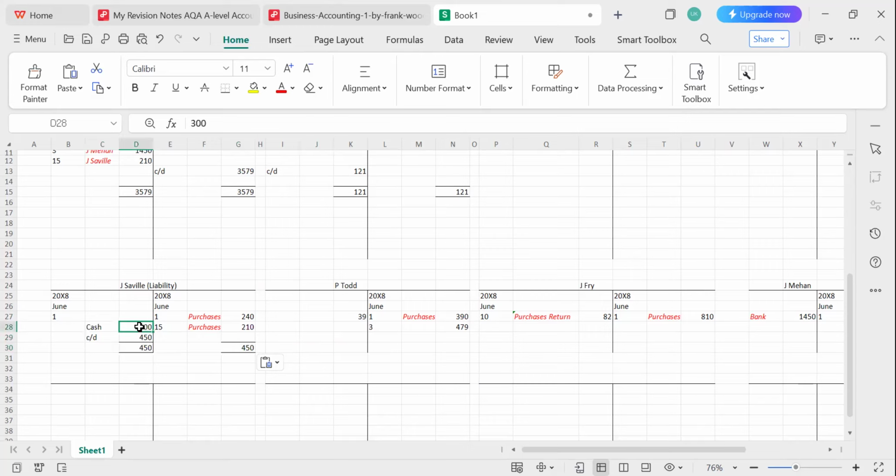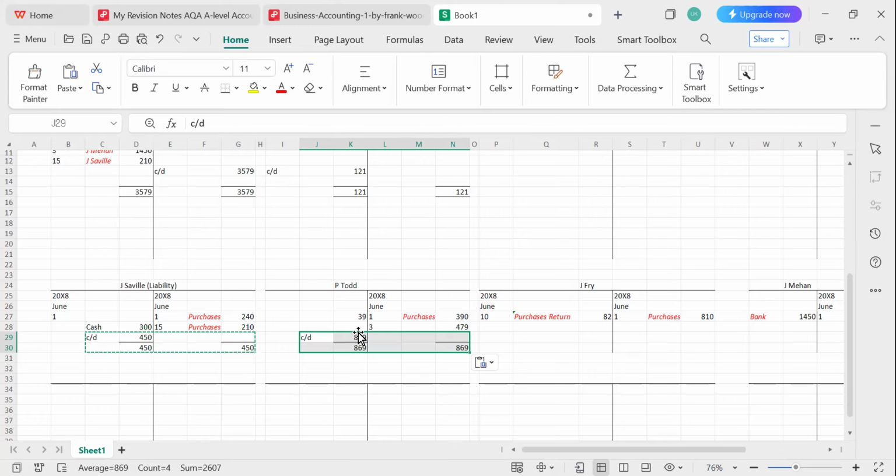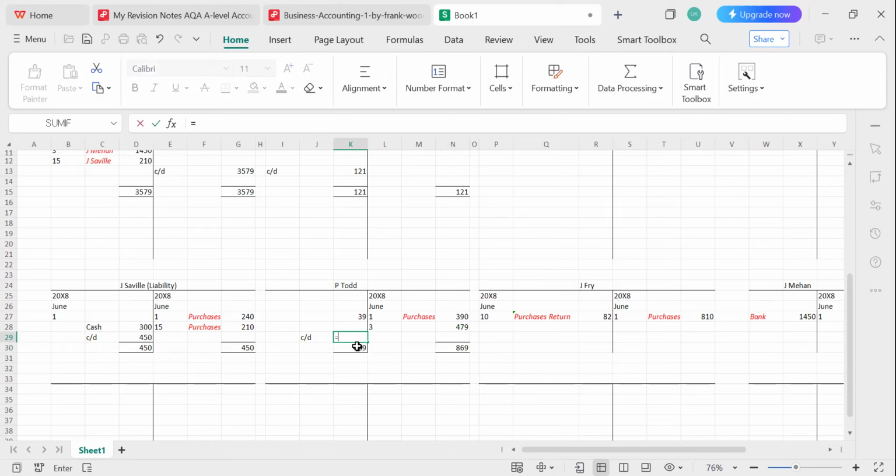This side was 300 only. So we wrote 450 on both sides, and carried down amount is 450. Here, carried down amount is 869. No, it should not be 869. 869, take away this 39. So P Todd balance at the end is 830.